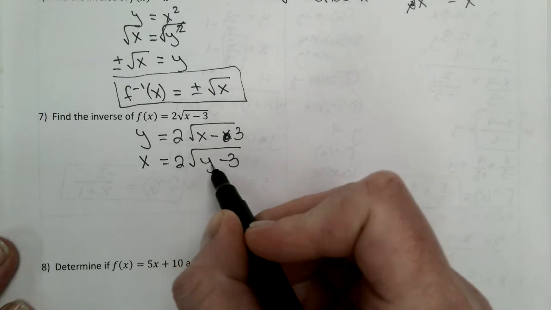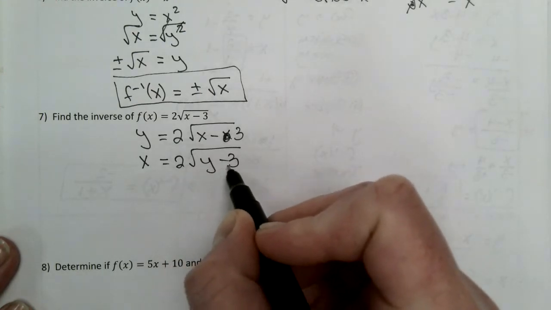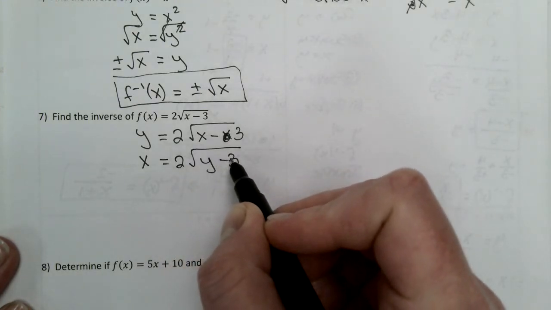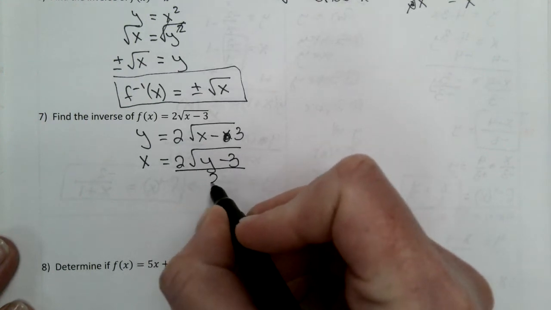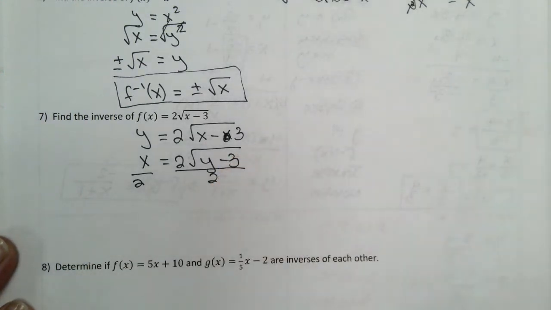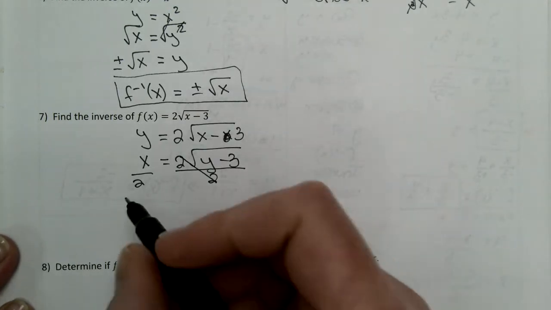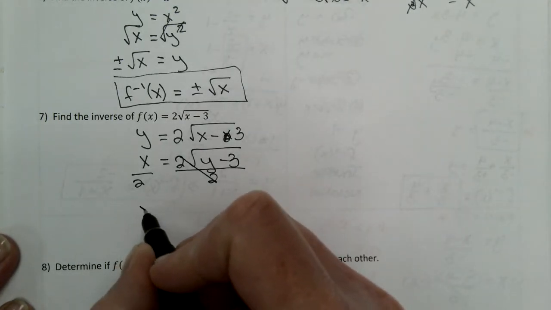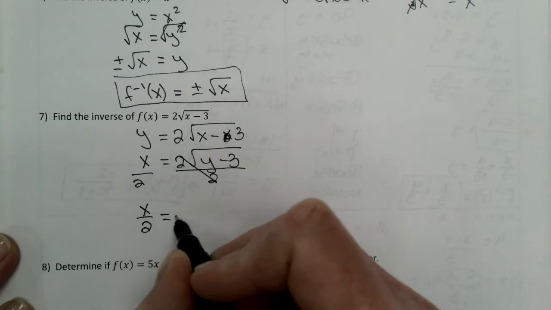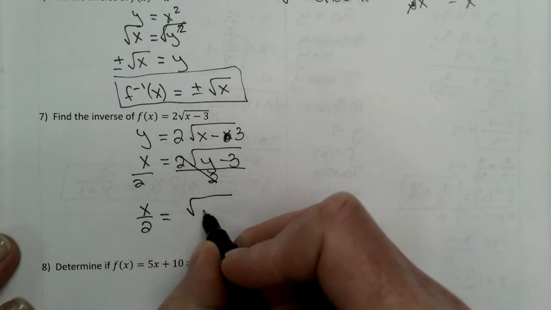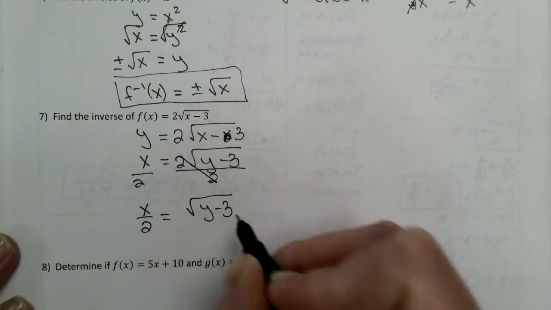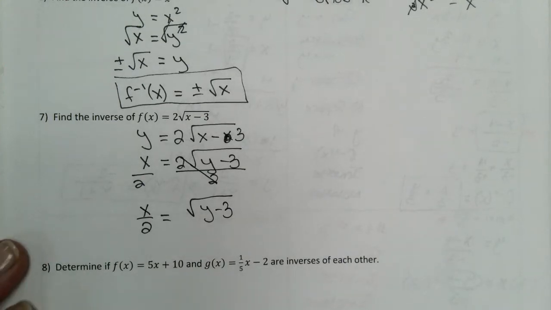You always want to have your square root isolated before you square both sides. You should divide both sides by 2 first before you square both sides. So now you have x over 2 equals the square root of y minus 3.